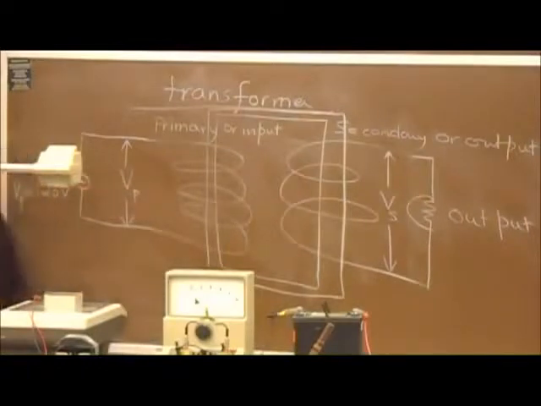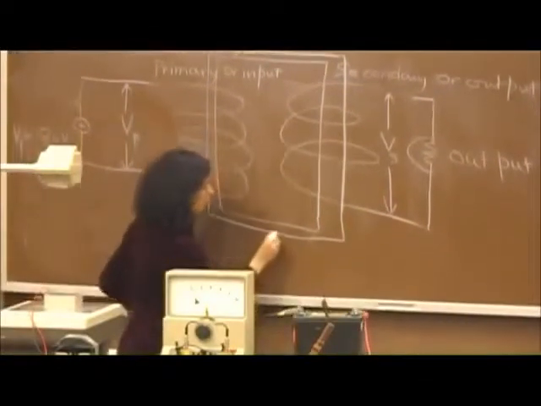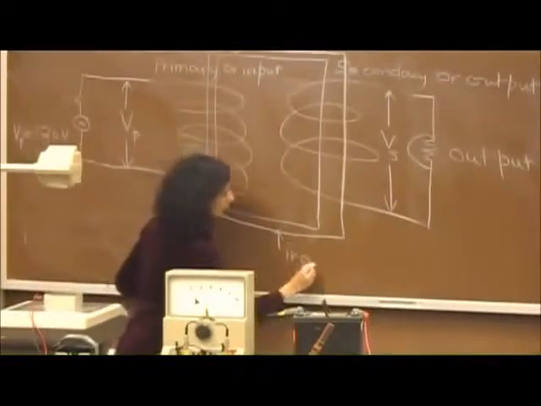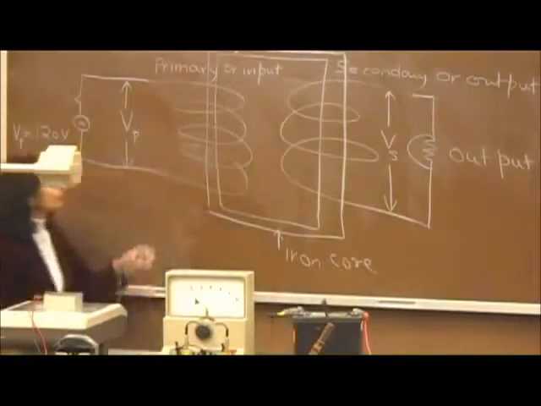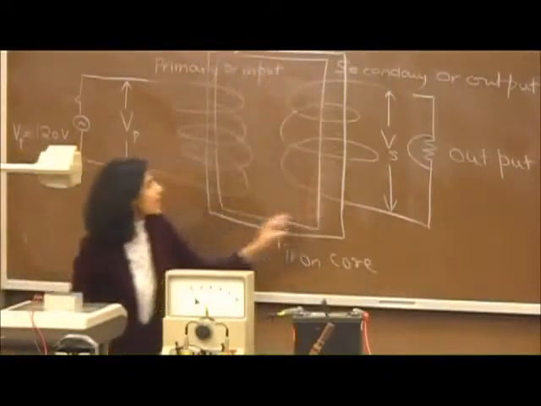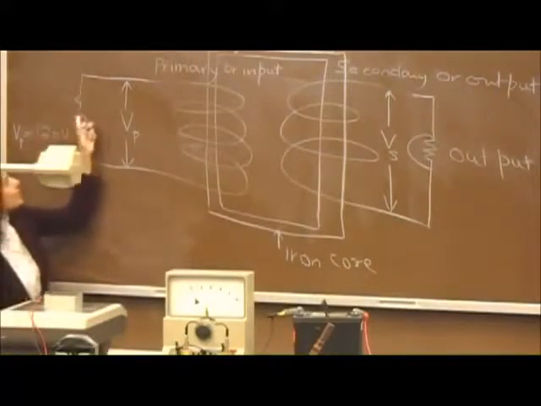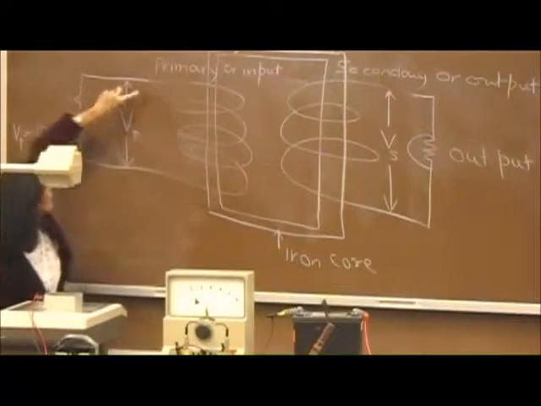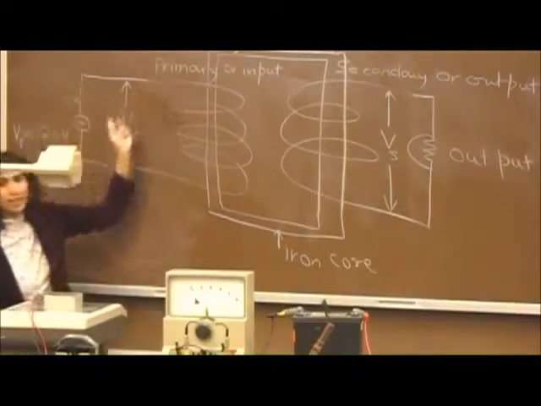Now here is the thing, why am I going to use an iron core to connect the two? What is the advantage of an iron core? Because do you see that as soon as I close the switch, and this is a 120 volt power supply, and this is an alternating current, sometimes the current is flowing this way, sometimes the other way.